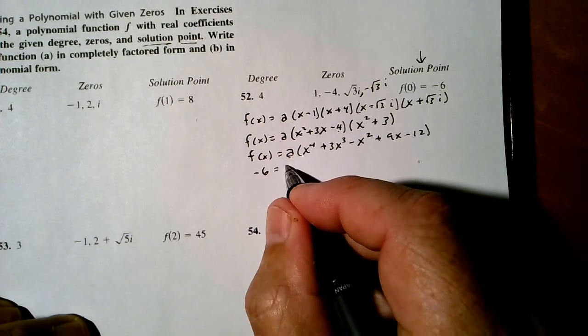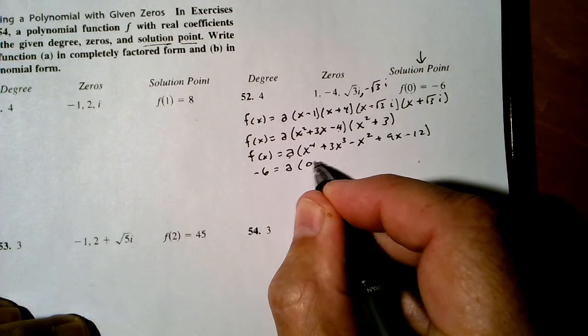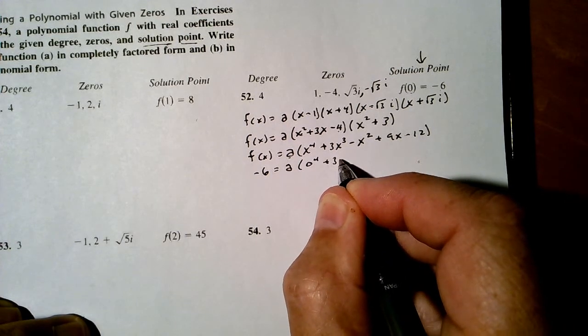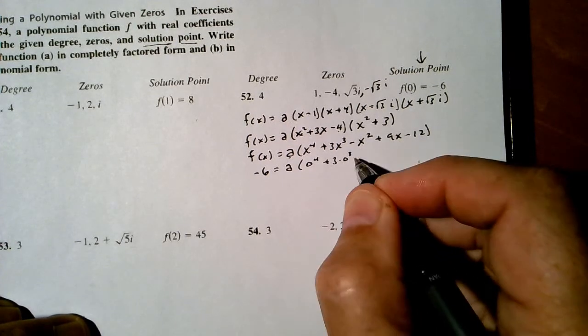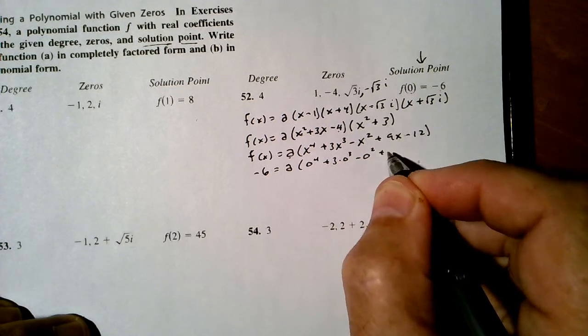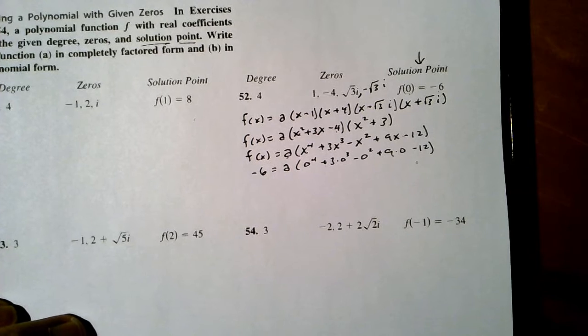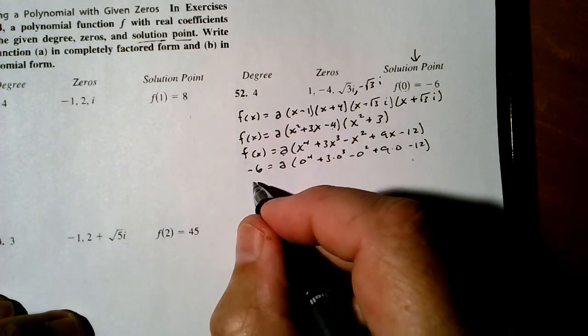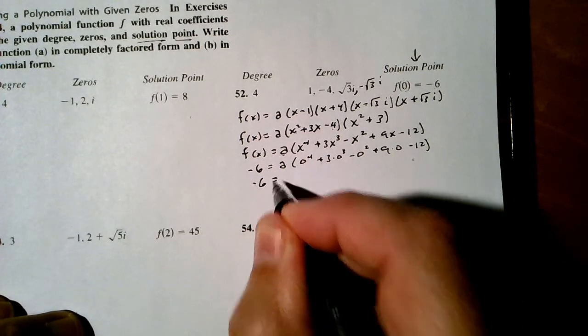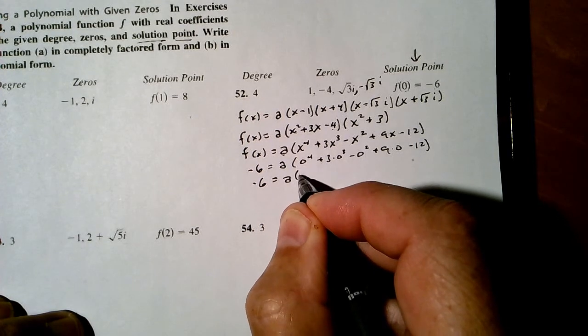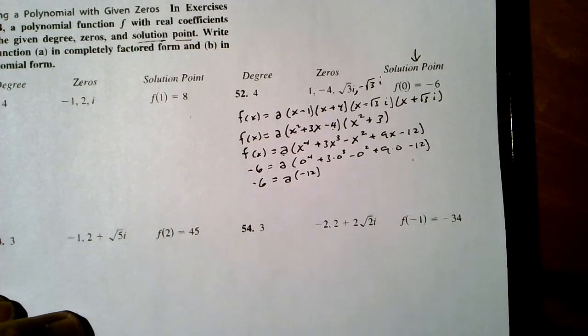0. So that's a times 0 to the 4th plus 3 times 0 cubed minus 0 squared plus 9 times 0 minus 12. And having that be 0 makes my work a lot easier here. So this is -6 equals a times -12.